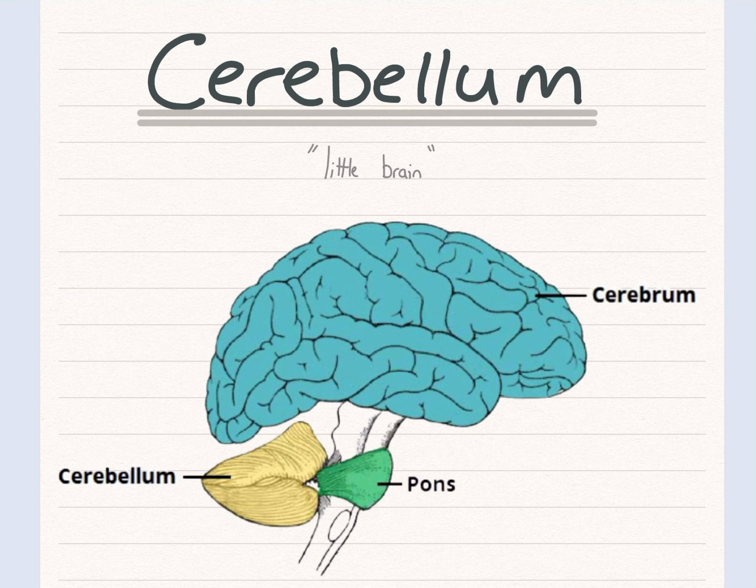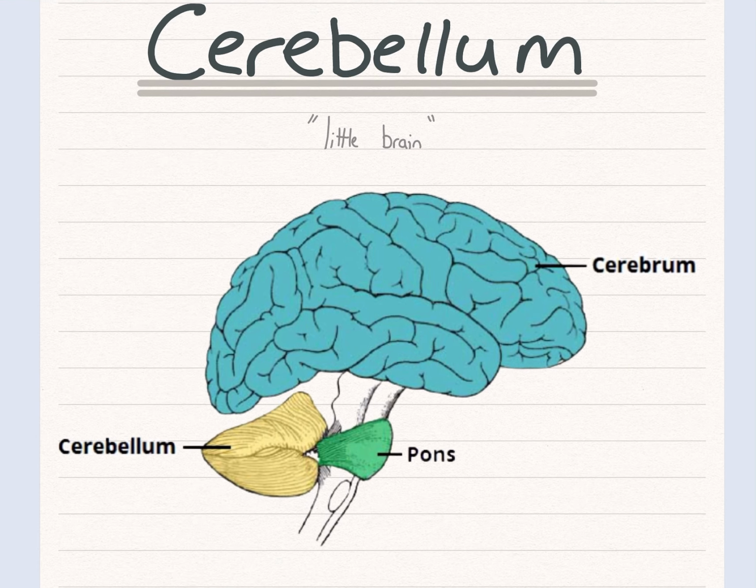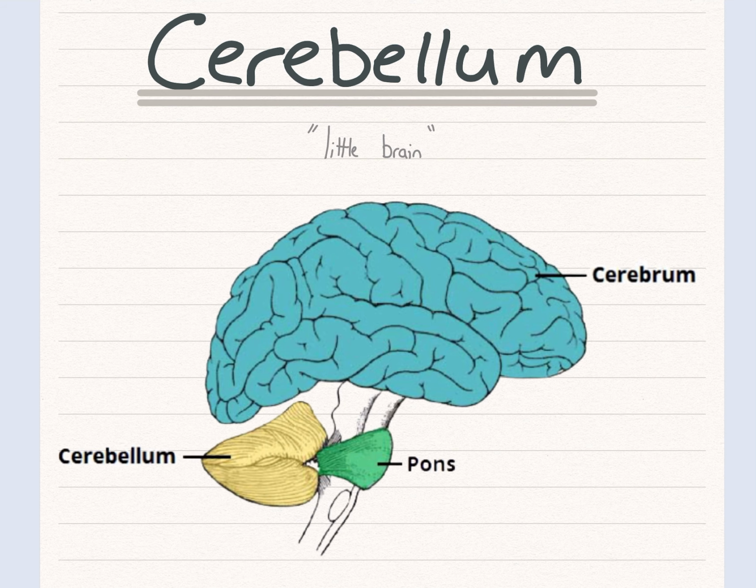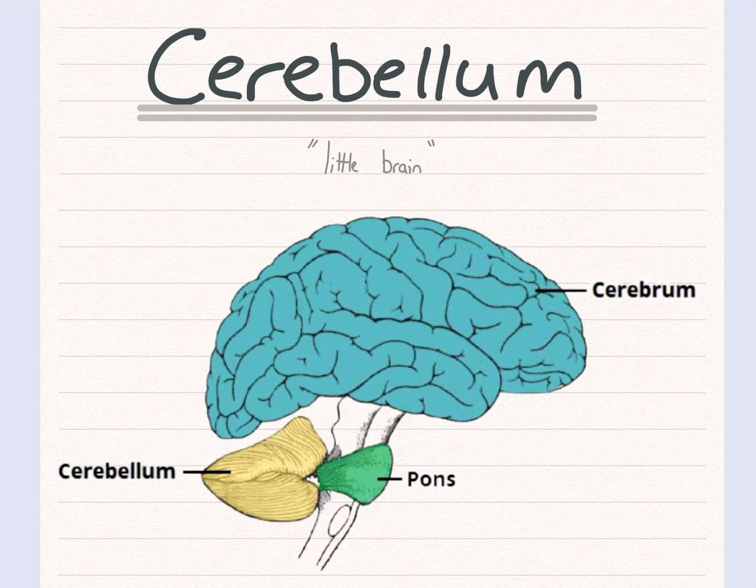What the cerebellum does is coordinate and fine tune those movements. So by having a cerebellum, rather than a very jaggedy movement, it makes a very smooth, flowing action.